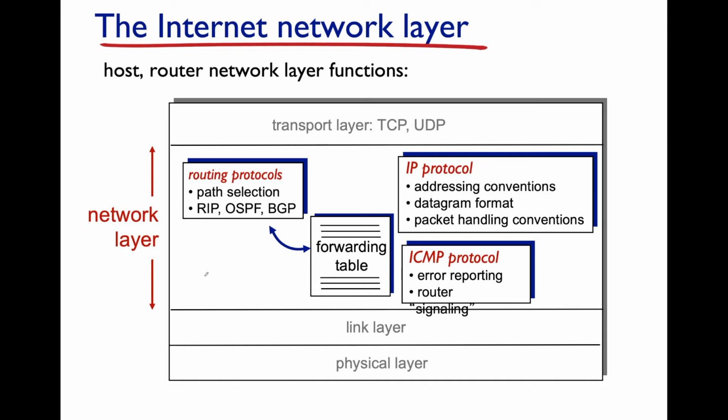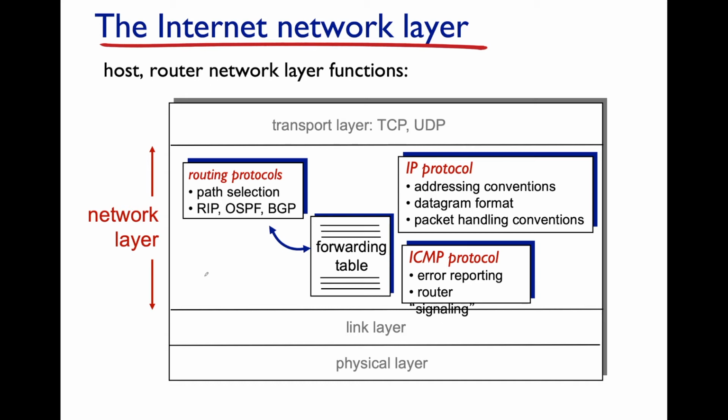And then you also have the IP protocol, and that deals with how you address or identify unique network cards or interfaces. There's the datagram format, what fields mean what and what their format is, and what responses are taken to various pieces of information in the fields for the header information as well as the payload data. And then there's also how you handle the packets.